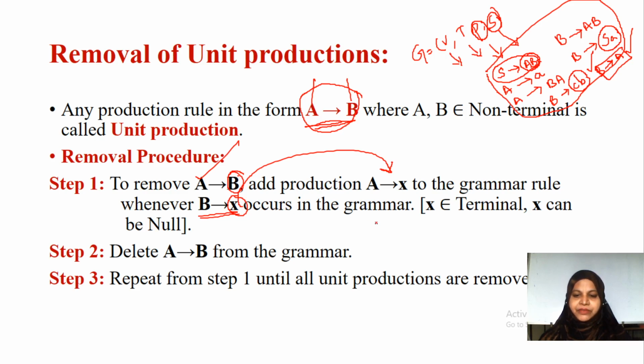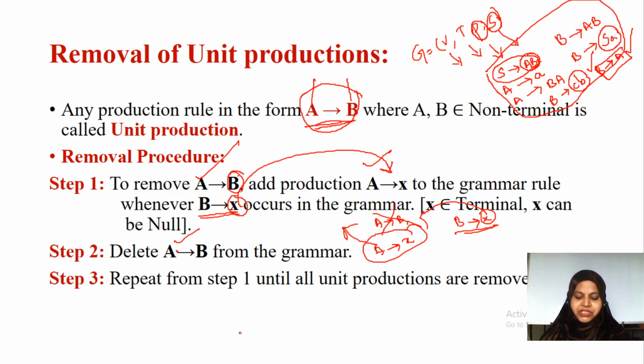Here A tends to B is my unit production, and the original B production is B tends to X. We substitute this X here, so A tends to X. We add this A tends to X to the original productions, then delete the unit production. So first add B tends to X to the A production, then delete the A tends to B production, and repeat step 1 until all unit productions are removed from the grammar, right?